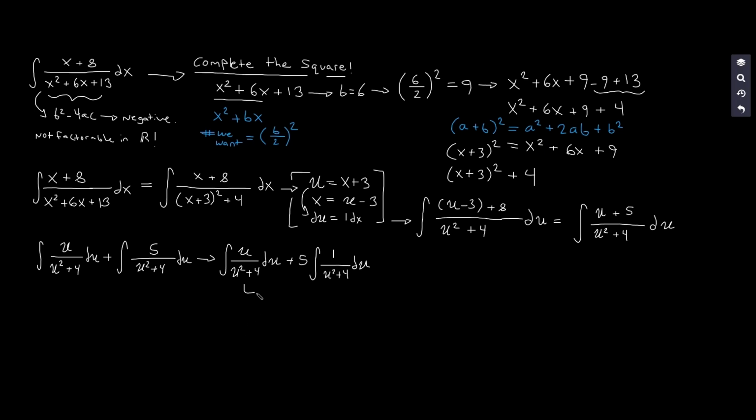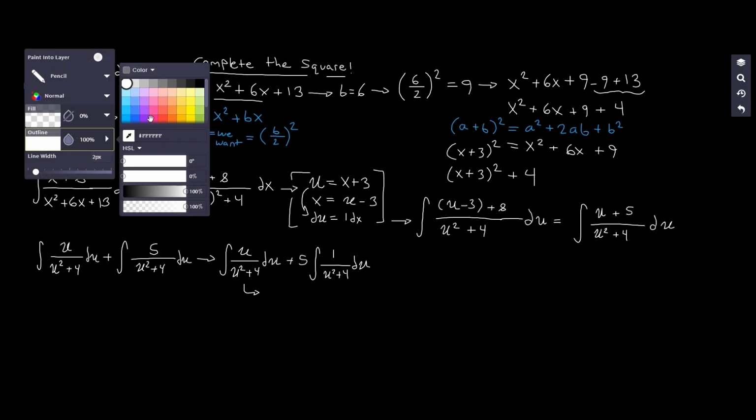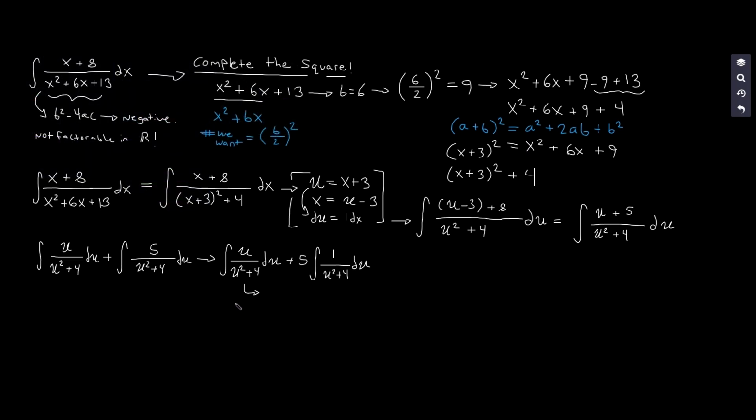So basically, we look at the top and the bottom of this integral, and we notice that the top is a multiple of the derivative of the bottom, right? So let me just write out a rule for differentiation really quickly.